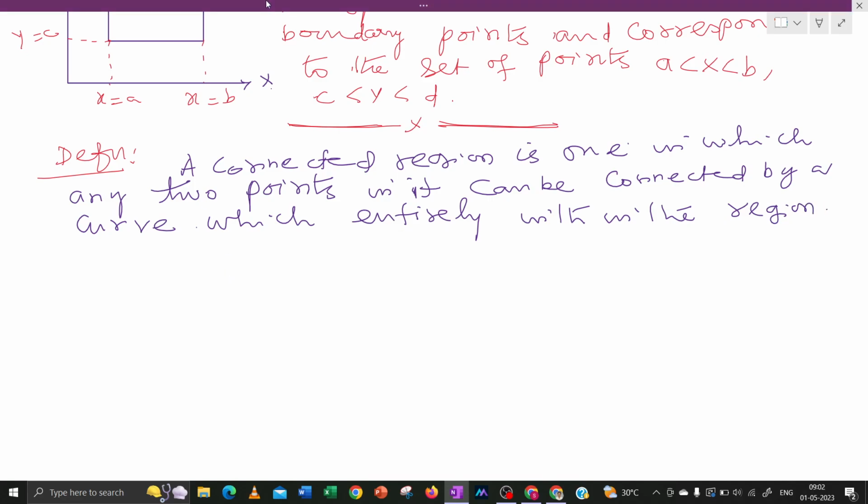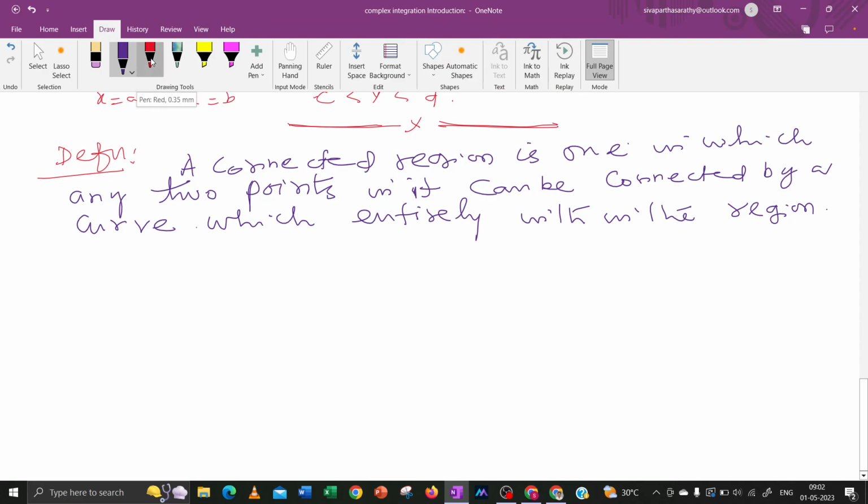See, for example, you can draw one diagram.